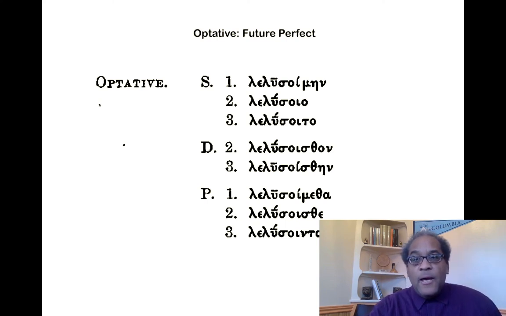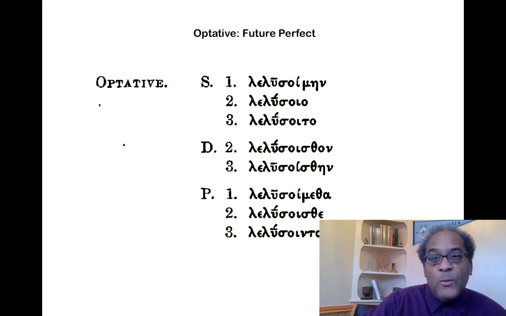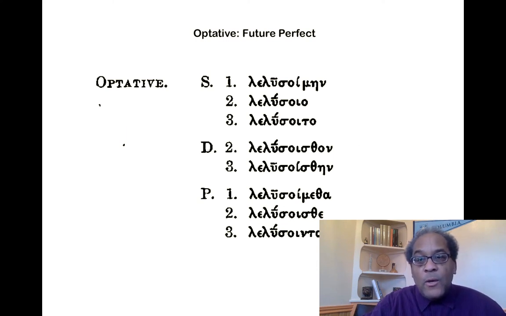Again, if you have a sense of that reduplicated perfect stem with the sigma thrown in as your mark of the future, plus the omicron that you expect as your thematic vowel, and then the iota, these forms are perfectly recognizable. Lelusoimēn, lelusoio, lelusoito, lelusoimetha, lelusoisthe, lelusointo. So again, that iota stands out pretty clearly as marking your optative forms, and it's easy to spot.